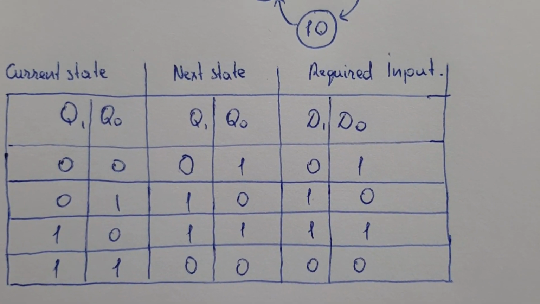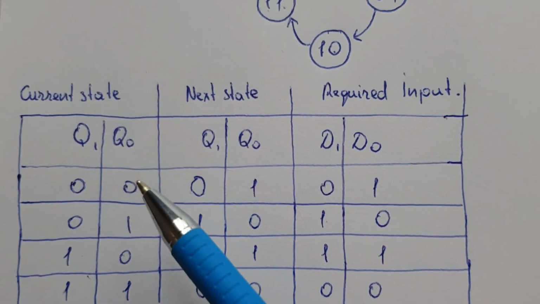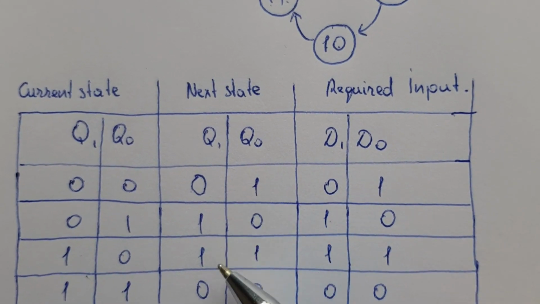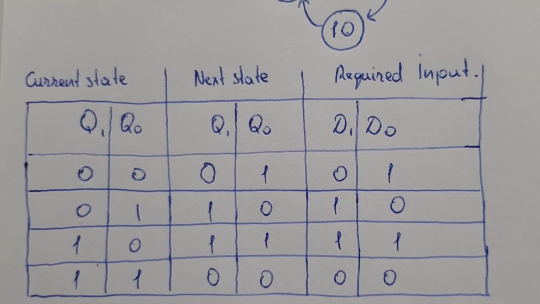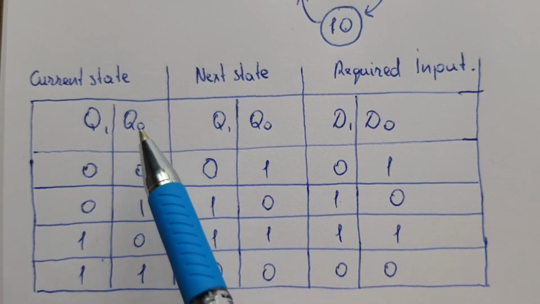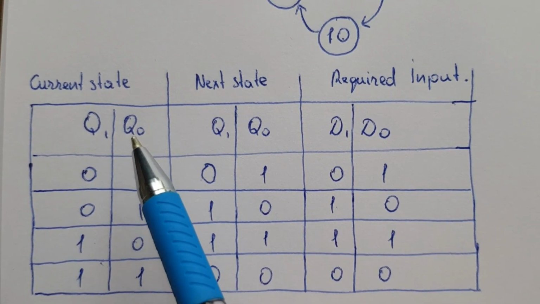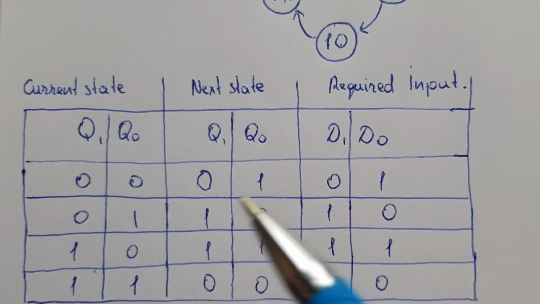Due to our state diagram, we construct a new table. These two columns represent the current state, these two the next state, and these two are the required inputs. Q0 here represents the LSB, the least significant bit, and Q1 represents the MSB, the most significant bit.